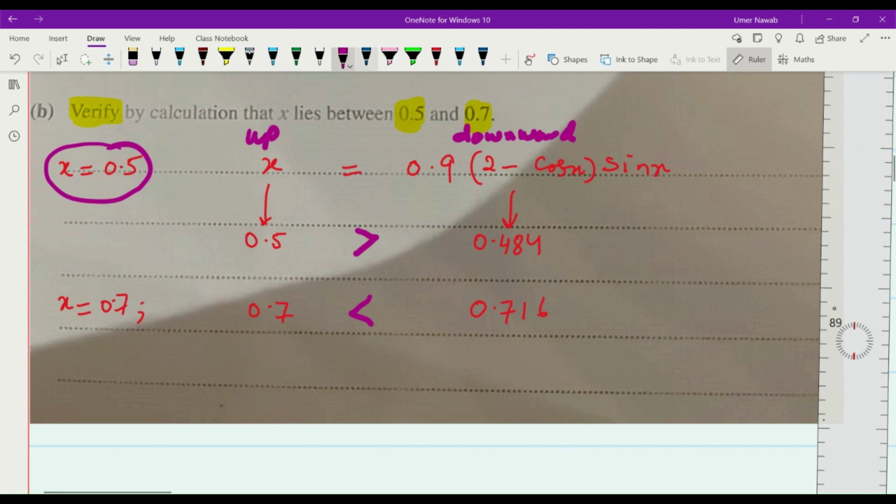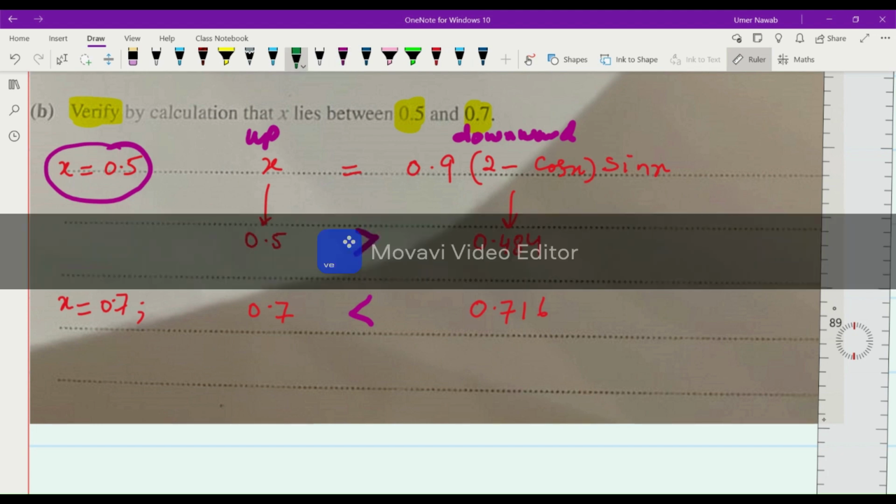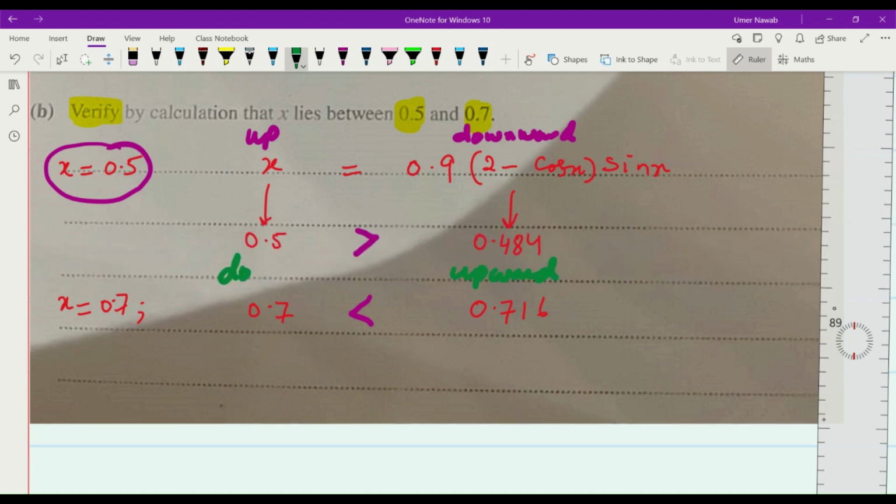It tells me that the right hand side equation graph is upward and the left hand side graph is downward.